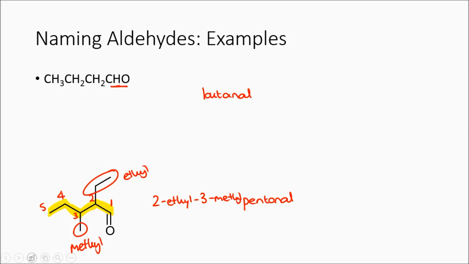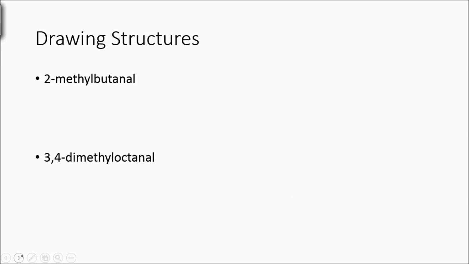So let's draw some. Here we've got 2-methyl butanal. So let's draw the but: 1, 2, 3, 4. And at the 1 position we have the aldehyde group here. This is my 1 position, this is my 2 position, and I have a methyl group here.